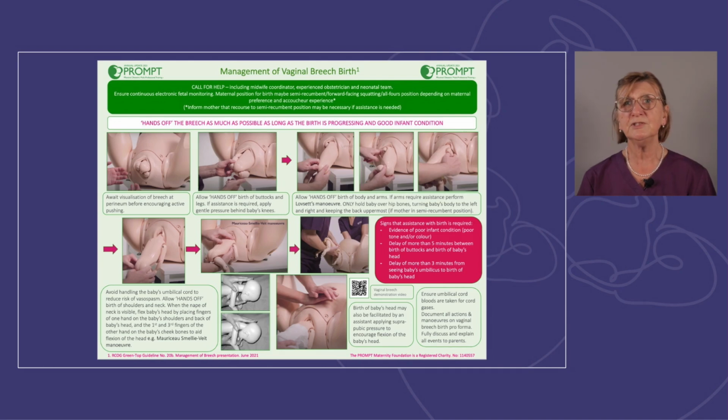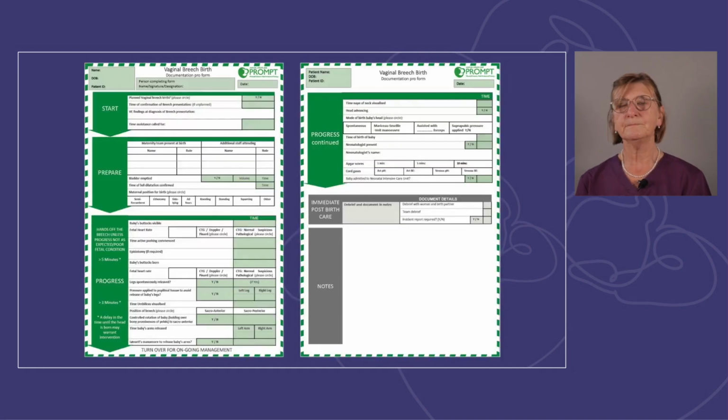We have a poster which covers the manoeuvres that may be required if assistance is needed, and that poster can be displayed and easily available in clinical areas and may be useful for training. And there's also a QR code on the poster which links you straight to the PROMPT vaginal breech birth video. Documentation is very important, and this is an example of a vaginal breech pro forma that you would complete.